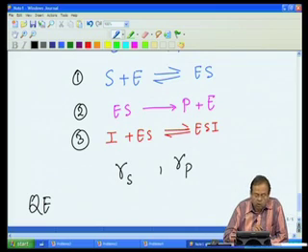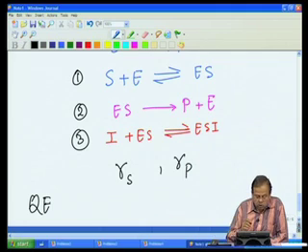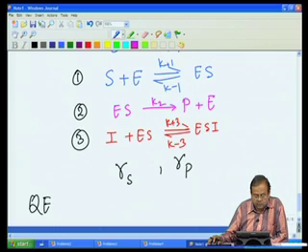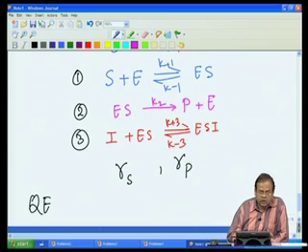So, we can invoke that quasi steady state approximation. So, once again if I write k plus 1, k minus 1 and k plus 3, k minus 3 and k 2 as my reaction rates, then I can write quasi equilibrium for reaction 1.